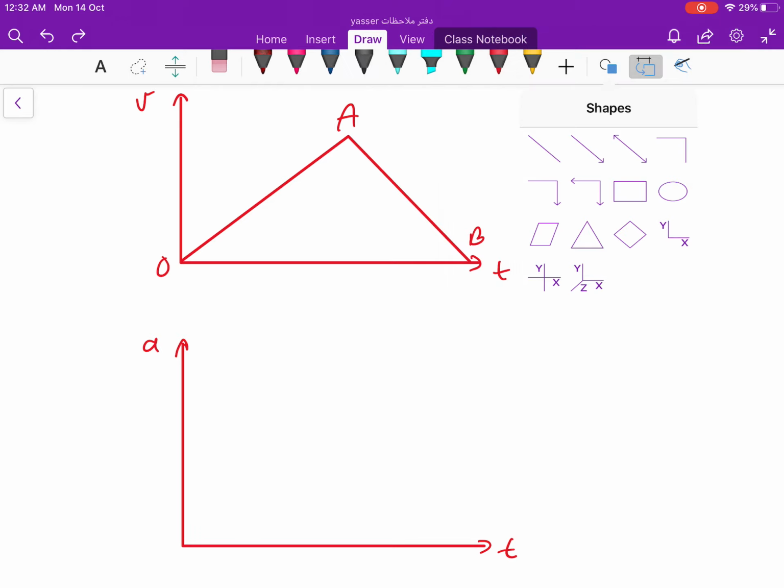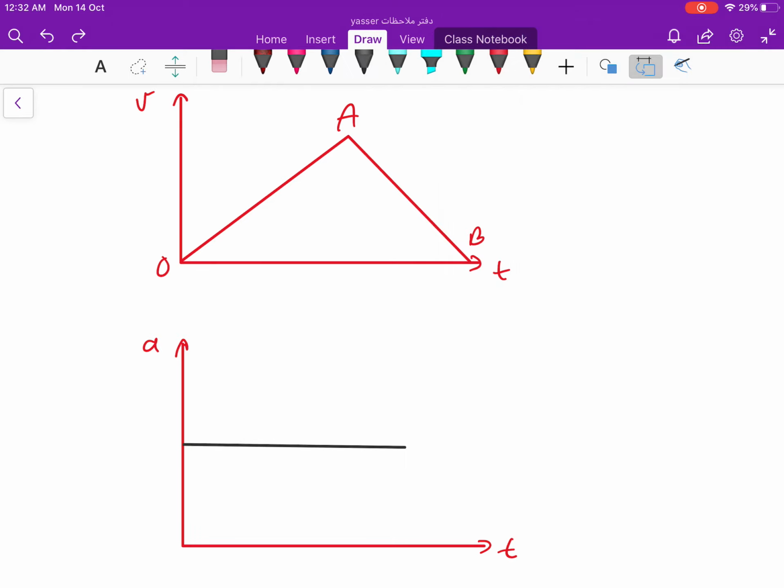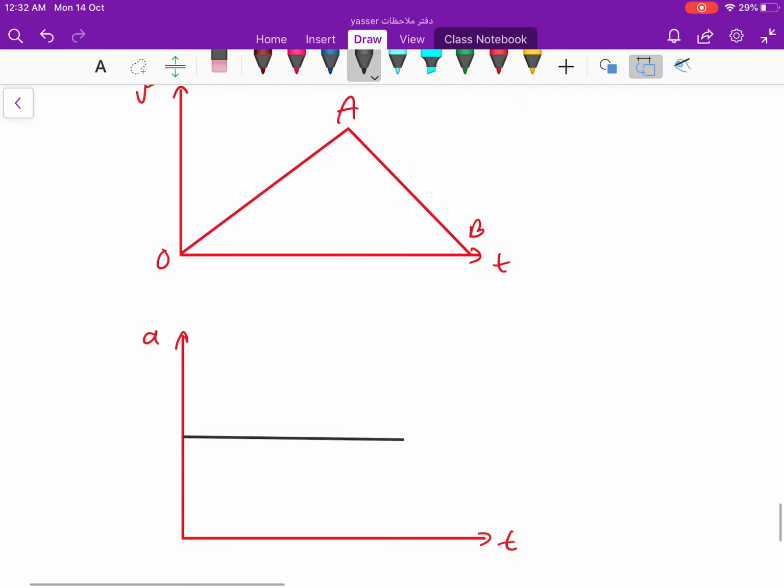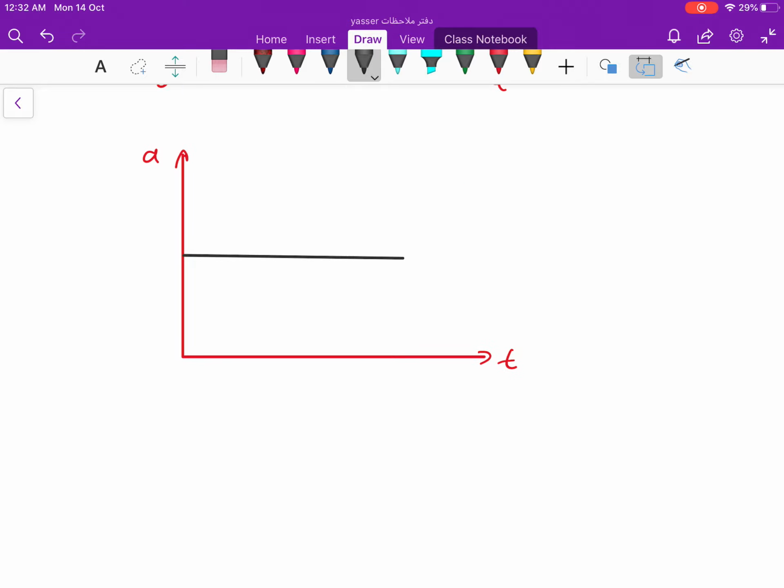And then we have a change directly, so I'm going to draw another line, and we have a negative acceleration or retardation, so we will have this line on the negative side.